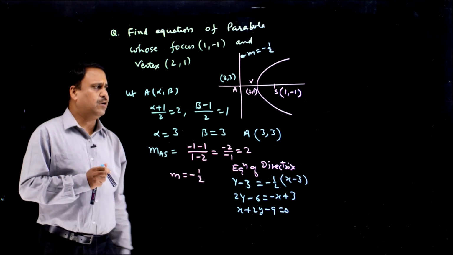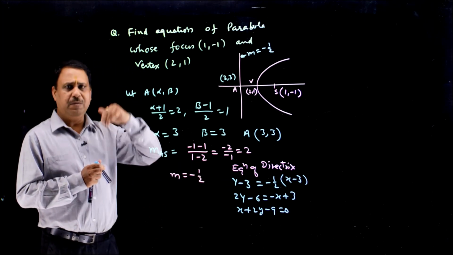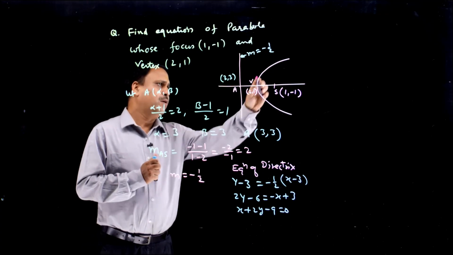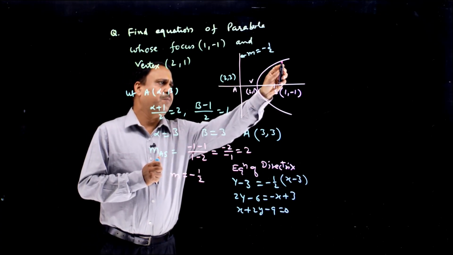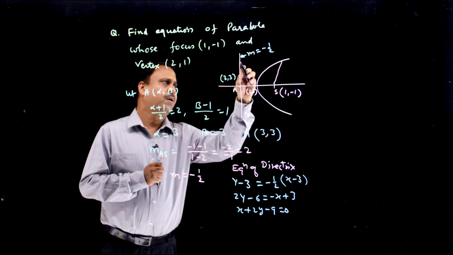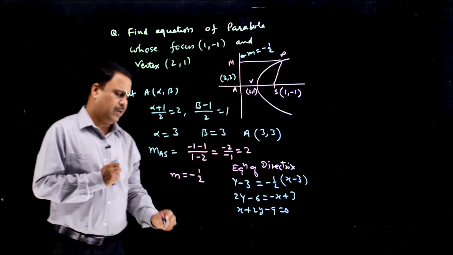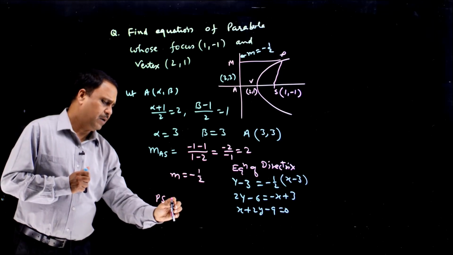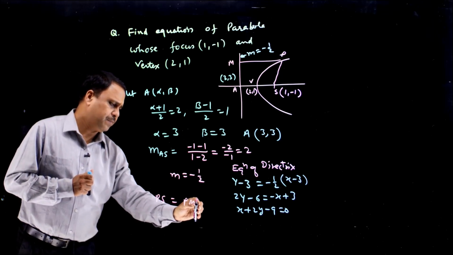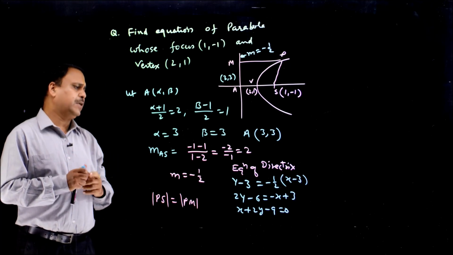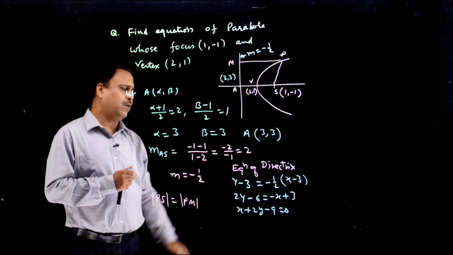Now I know the equation of the directrix. In the previous problems, we have done many problems of this type, where PS is equal to PM. This is the standard form, so you can easily calculate. Apply PS equal to PM. This is the basic concept.